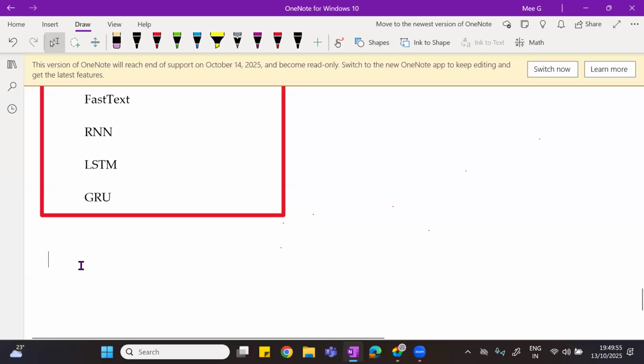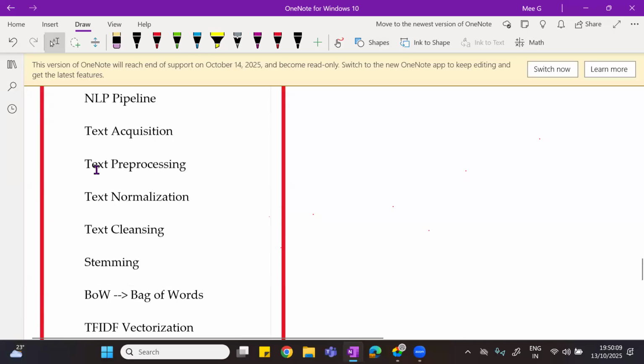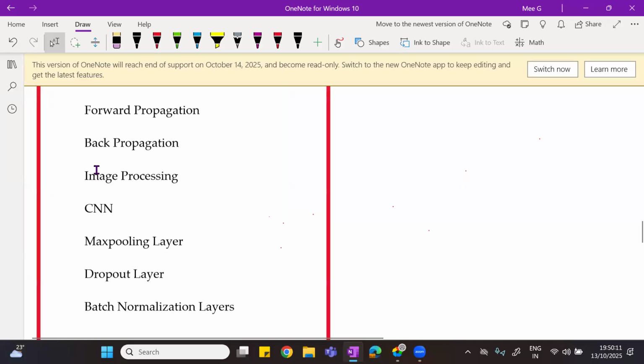And then we will jump into module 4, where we are going to learn about generative AI. Again, in each and every module, whatever I'm talking about, we will be doing at least a minimum of 2 to 3 projects.